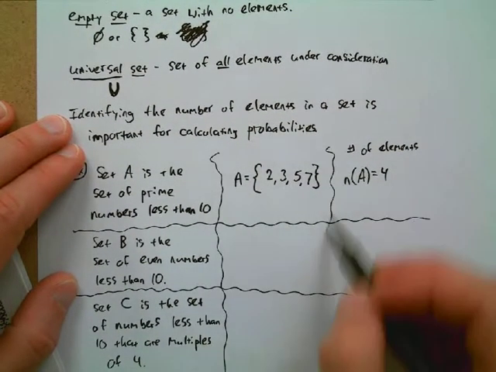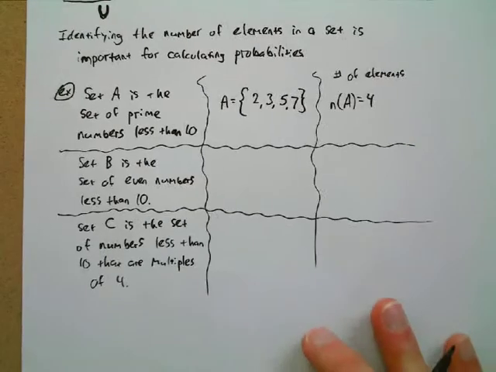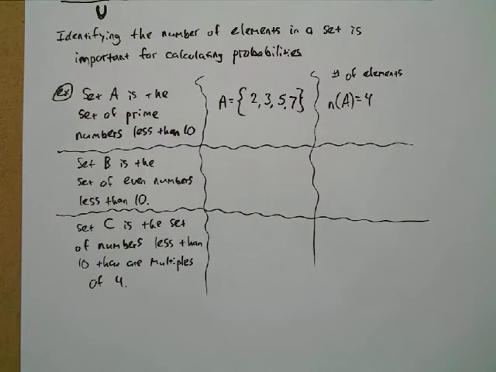Go ahead and do the rest of those. Set B is a set of even numbers less than 10. Set C is a set of numbers less than 10 that are multiples of 4.